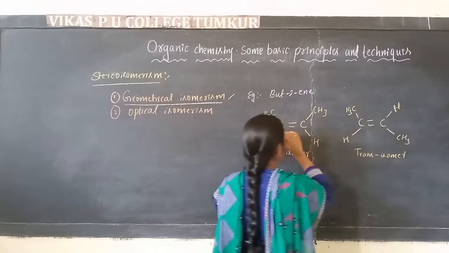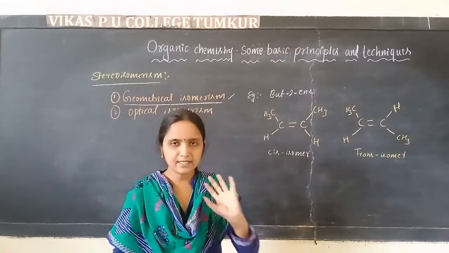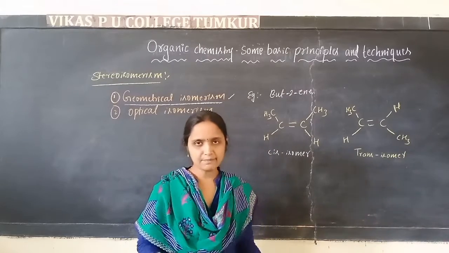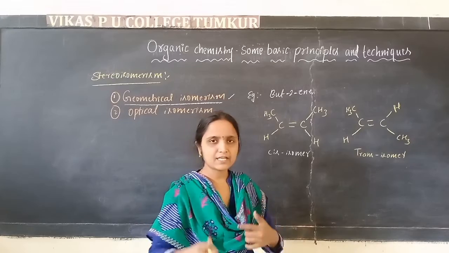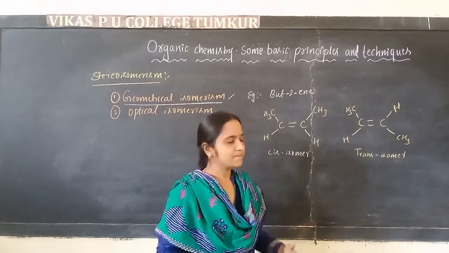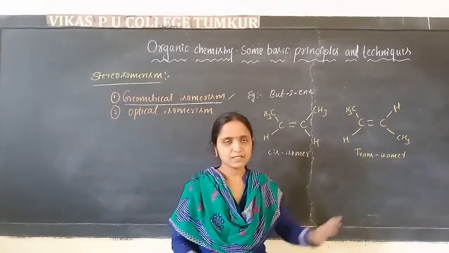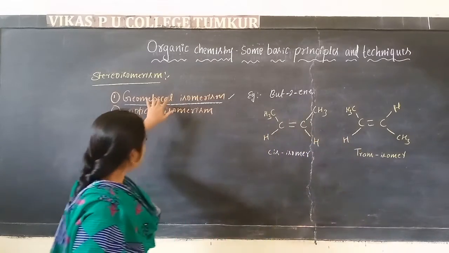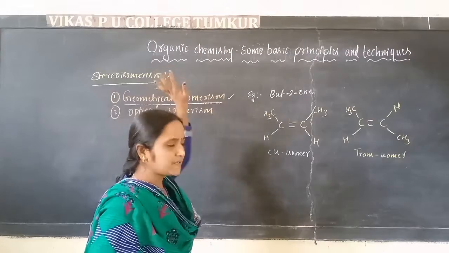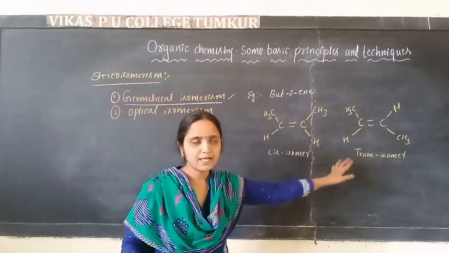In the cis isomer, the identical groups are arranged on the same side, but in the trans isomer the identical groups are arranged on the opposite side. This pair of isomers we call geometrical isomers, and the phenomenon is called geometrical isomerism.